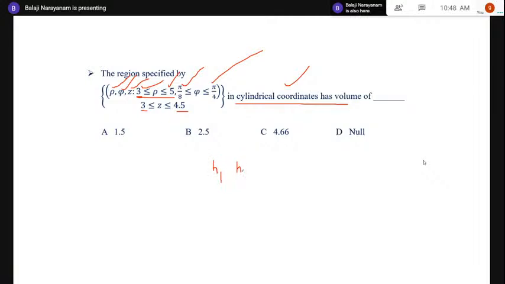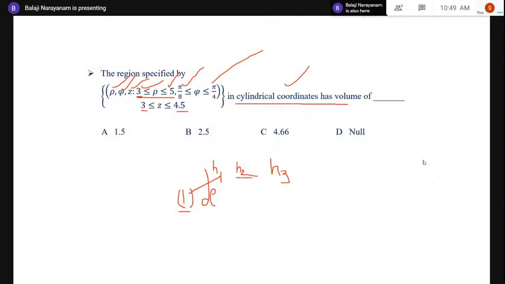The variation of rho is linear, hence 1 into d rho, the variation along the radial direction. Now the question is, why is the scaling factor 1? We have discussed that the variation of rho, which is a radius, is linear, hence the scaling factor is 1.